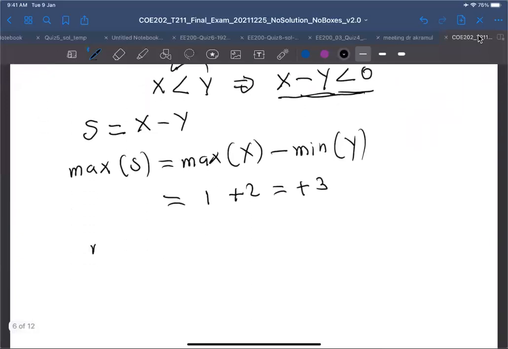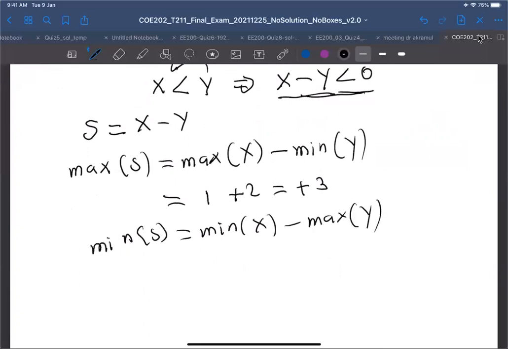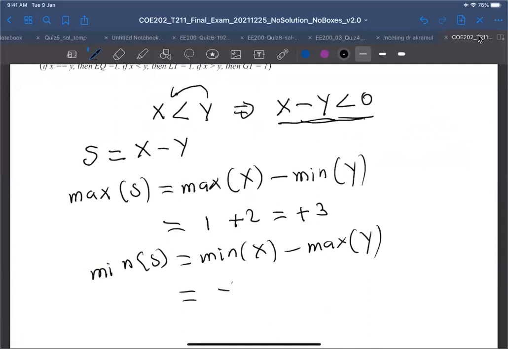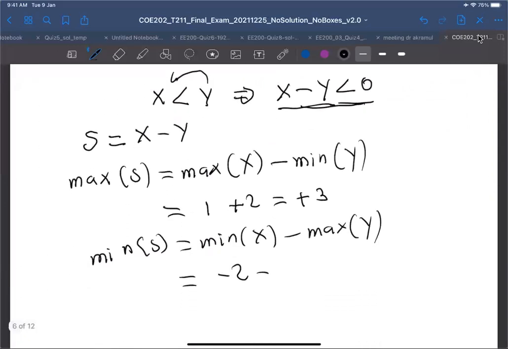The minimum of S is the minimum of X minus the maximum of Y. And that equals what? The minimum of X is -2 minus the maximum of Y, which is +1.